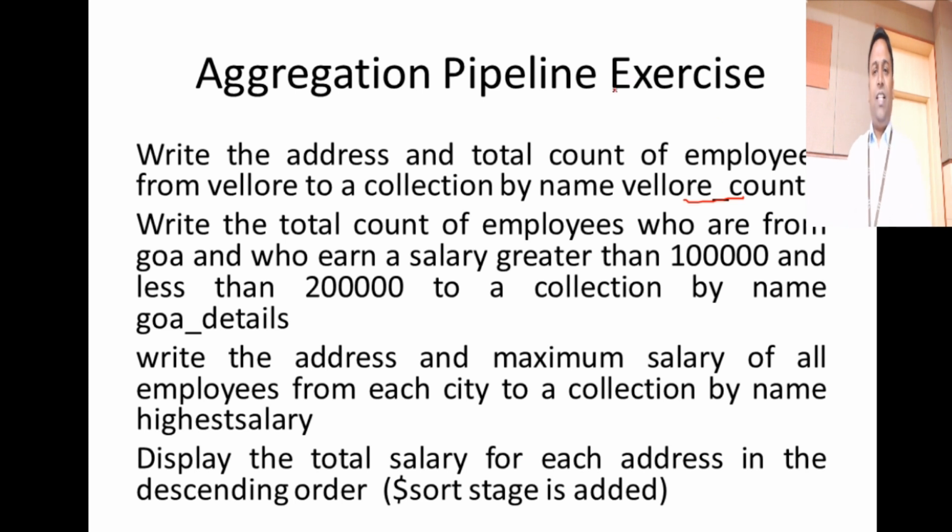There are certain things I am worried about. I am only worried about employees from Vellore, so I will match all the employees from Vellore. And I am only worried about the total count of employees. So after matching, I will do a $group. How will I group? I will group it on the address.